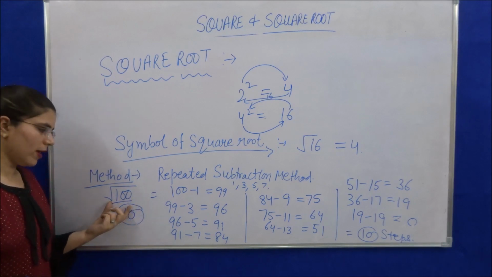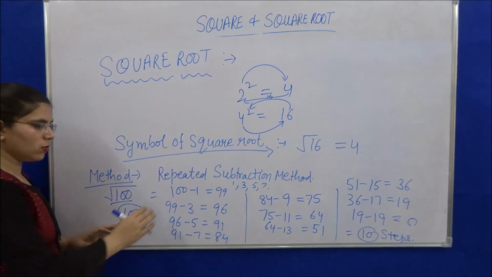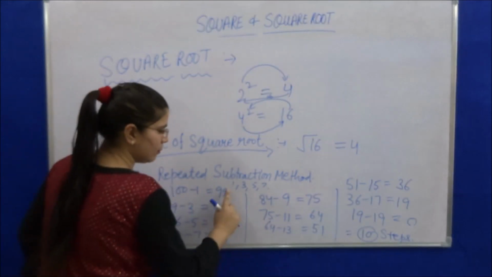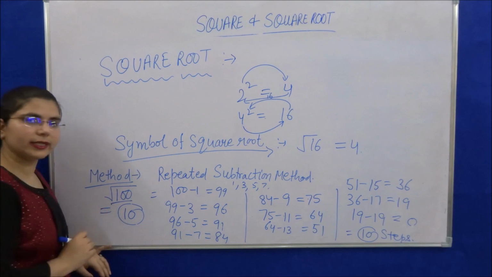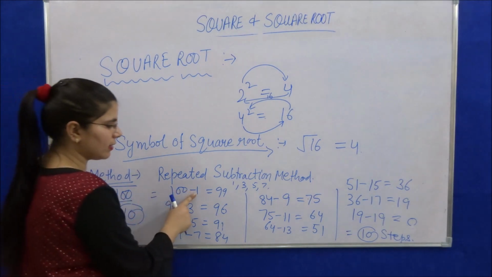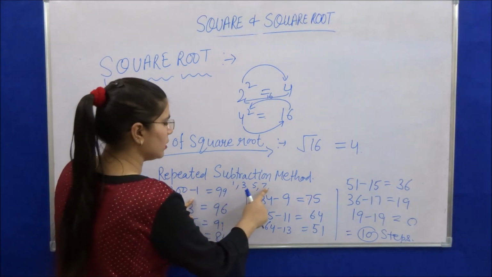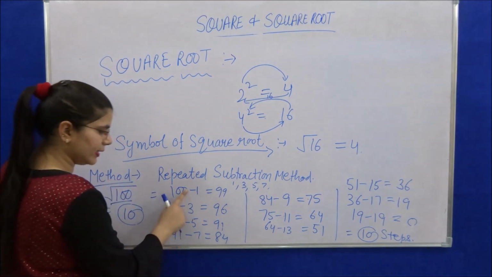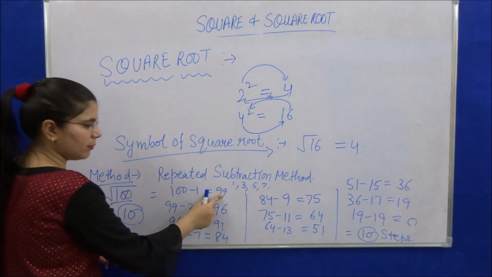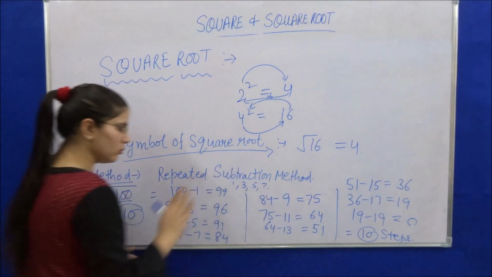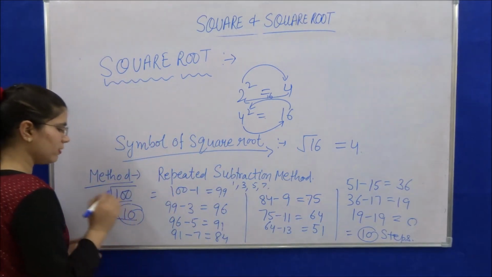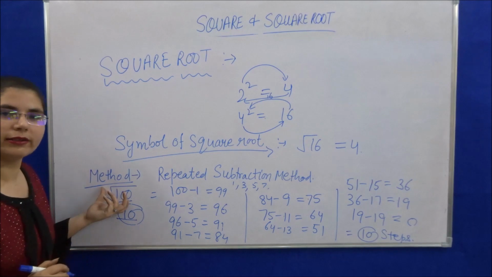Here we want to find the under root of 100, so we get 0 by proceeding 10 steps. So the answer will be 10. In this method we use odd numbers: by subtracting odd numbers from the given number, we get 10 steps, and using these 10 steps we find the under root of 100.